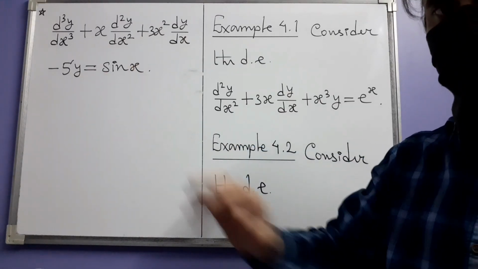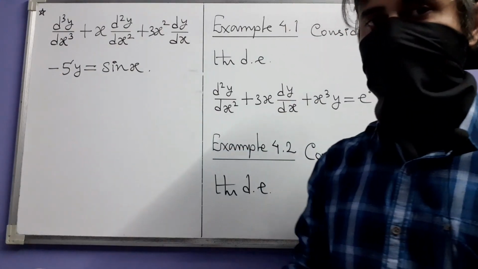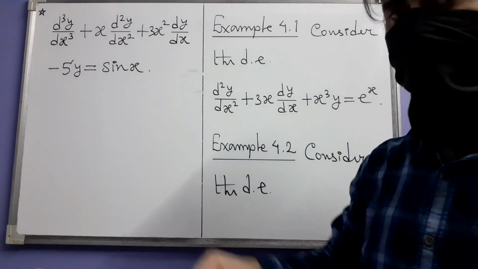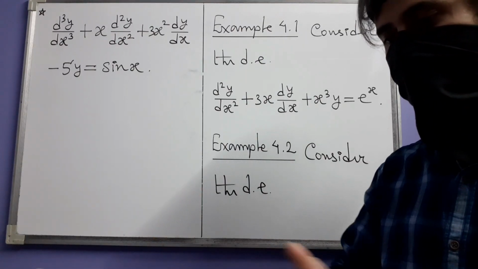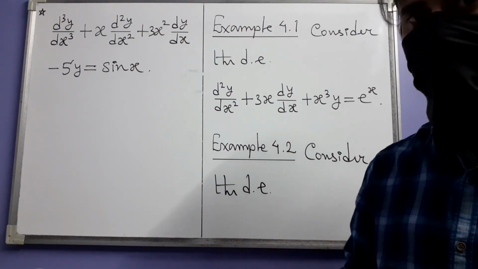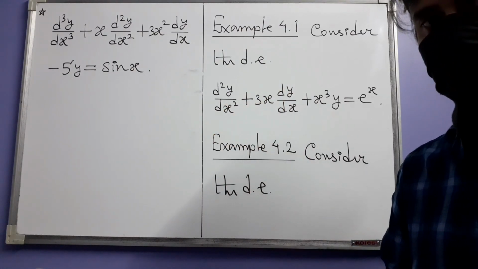This one is constantly minus 5, so again continuous, and sin x of course is also continuous, and these are continuous throughout the real line. So in particular they are also continuous inside any closed interval, so it's also that type of equation.